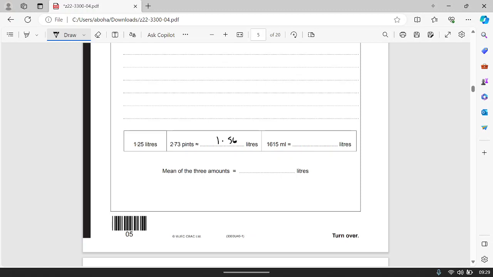And of course that one there is 1.615. Sorry, I should have made it clear as well that 1 litre is equal to 1,000 millilitres. Hence the reason that is 1.615, so just divided by 1,000. Anyway, the answer to this question, as we've just seen, is 1.475.